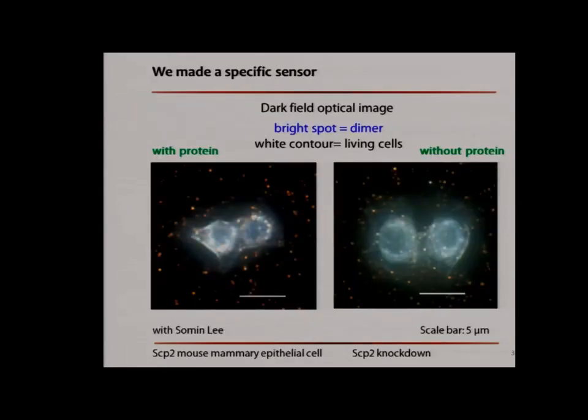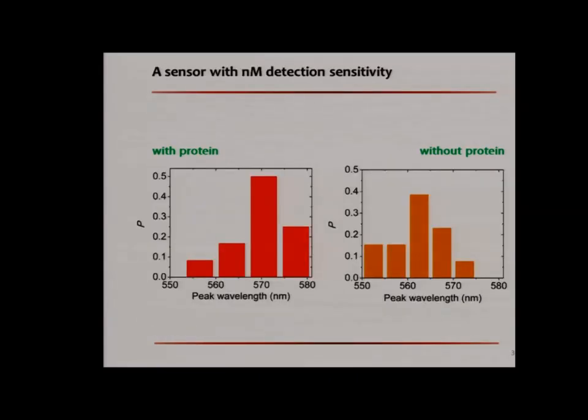So here, I'm showing you two dark field optical images of living cells saturating or not saturating this protein. And the substrate is covered with our dimers. You can see the color of the scattered spots, our dimers, are different, which means, yes, there is a difference in terms of peak positions of scattering spectrum of the dimers, which again means, yes, there is a change in the interparticle distance in the dimer when it's exposed to the protein molecule.